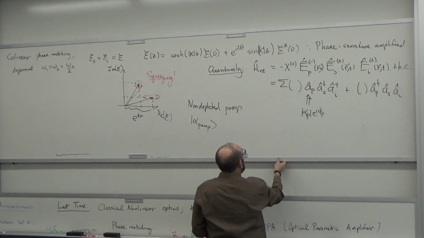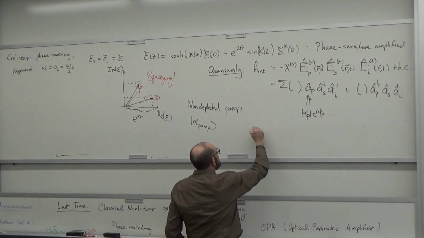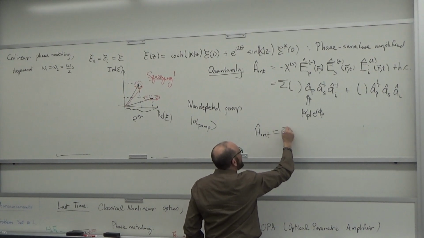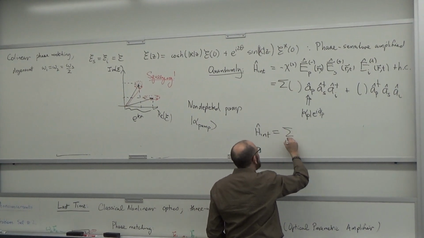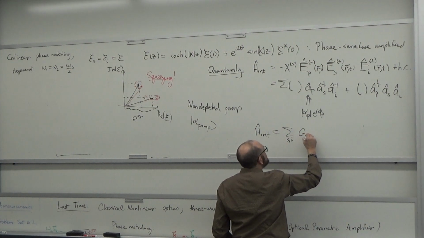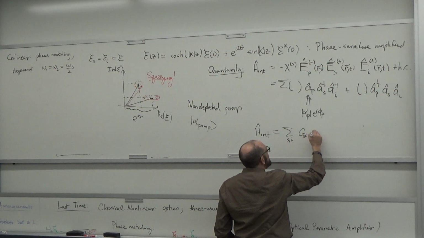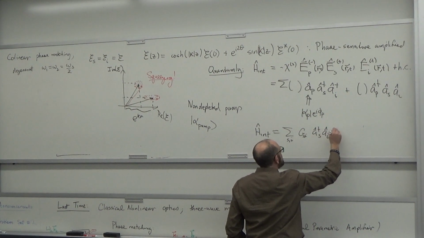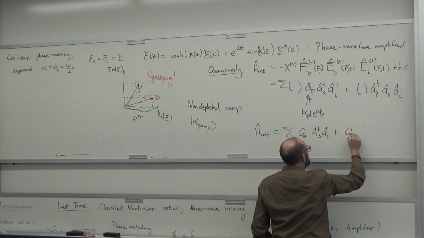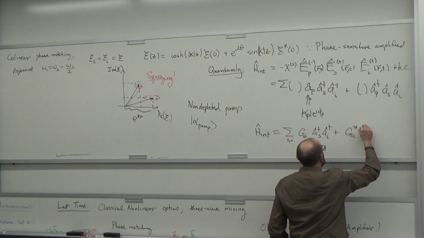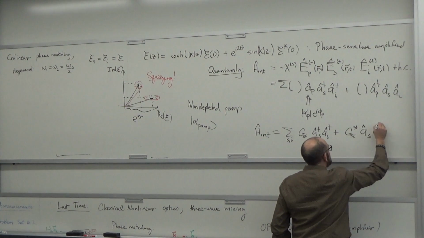And thus what you see in this case is that my interaction Hamiltonian is going to be of the form some matrix for all the modes that are phase matched, with some complex amplitudes, that looks like this.